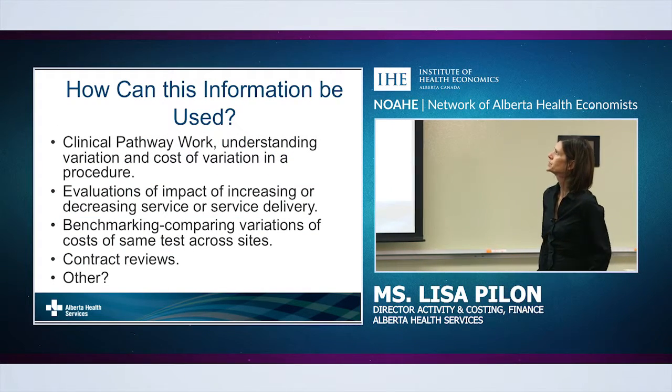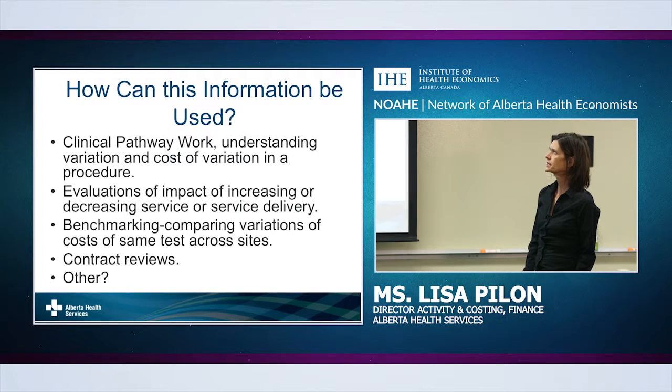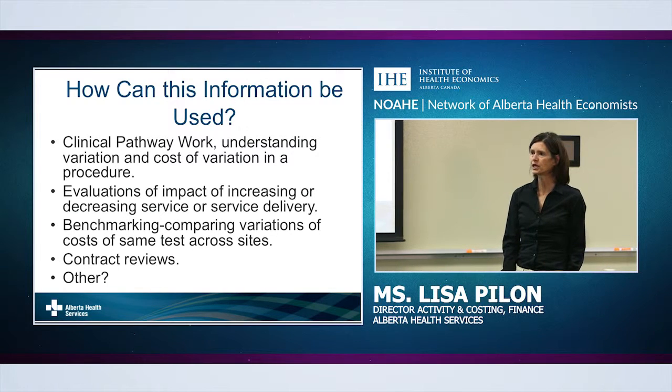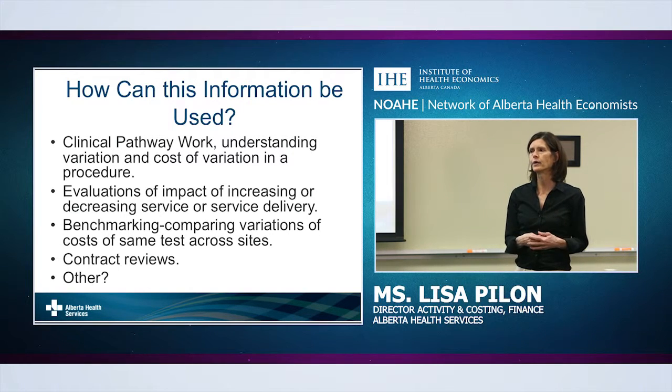So some suggestions, ideas on how can this information be used. We're talking a lot about using it, and you guys may be doing the same thing. I call it clinical pathway work. It's really mapping a patient through the journey, through their whole patient journey. You can use it to see that that patient had 10 tests. They went to emergency, and they went in with a headache, and they got 10 tests.